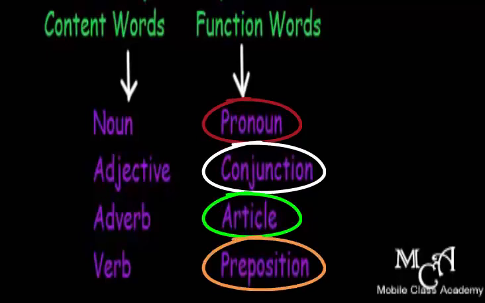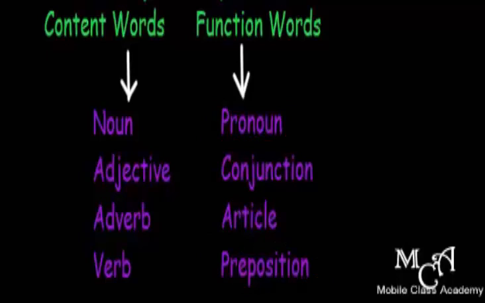Can you name all the nouns we have in the English language? The answer is no. Can we list all the adjectives? The answer is no. How about adverbs? No. Verbs? No. We cannot list everything.